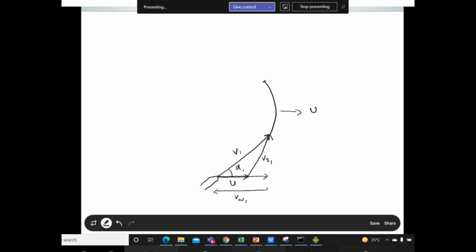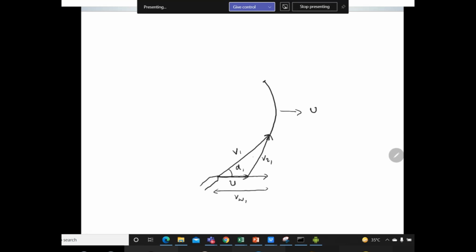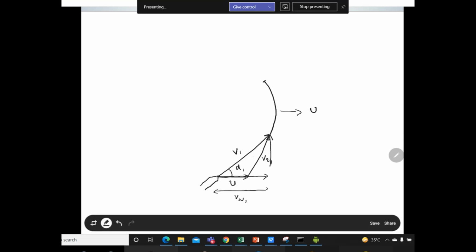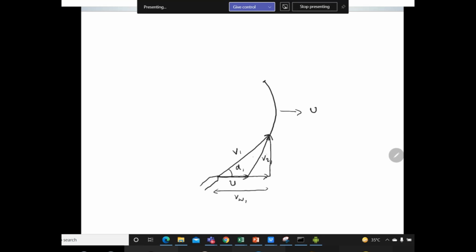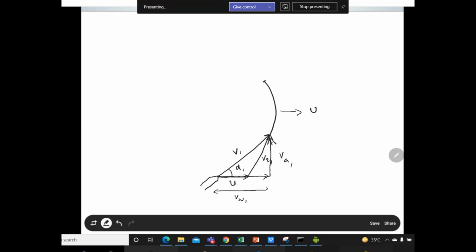The axial component we draw as a straight arrow, and this is your VA1, the axial velocity at the inlet.